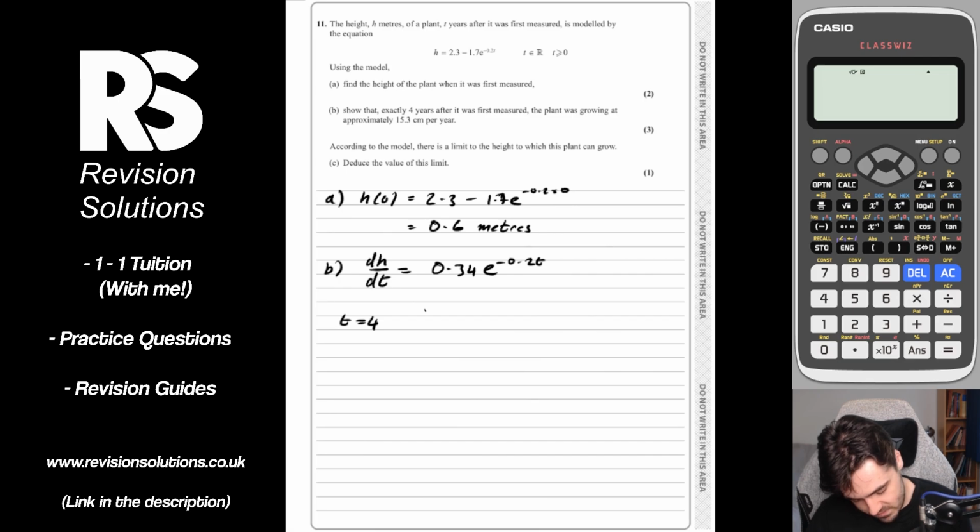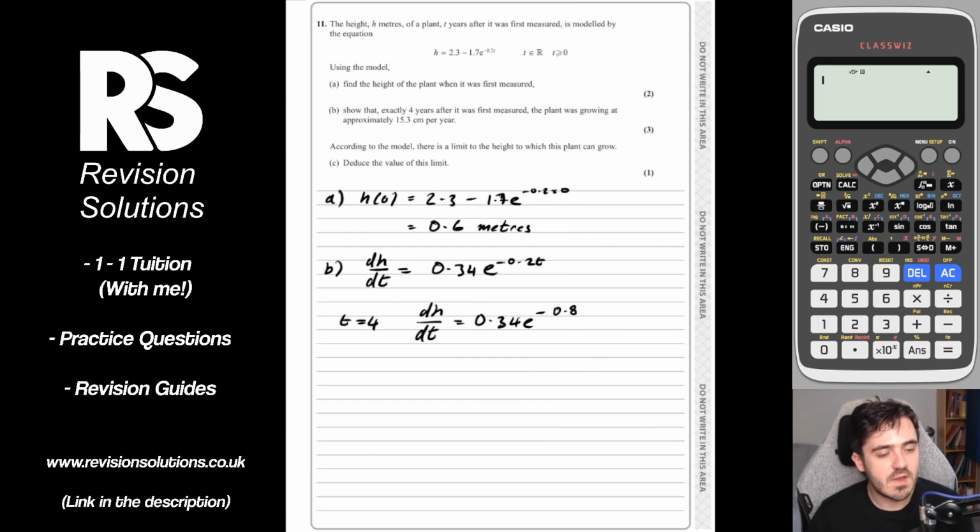So checking the units again, t is measured in years, so that is just when t equals 4. So when t equals 4, we have dh by dt is 0.34 e to the minus 0.2 times 4, which would be 0.8. So we plug that in a calculator. We'd have 0.34 e to the power of minus 0.8, which is 0.1527.